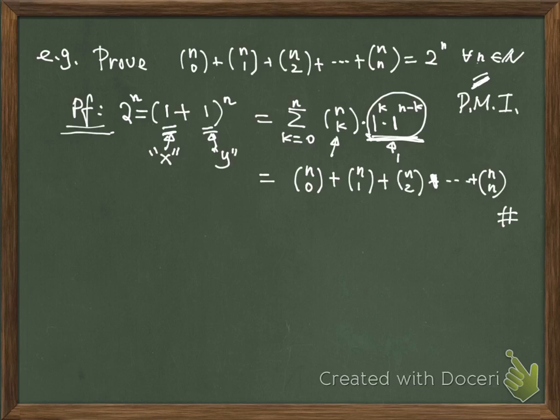Isn't that just convenient? The point of this example is to point out that to use the binomial theorem, we've seen that the first quantity here is a term of x, the second here is a term of y, and they could be a mixture of x's and y's, or they could be both terms of x.